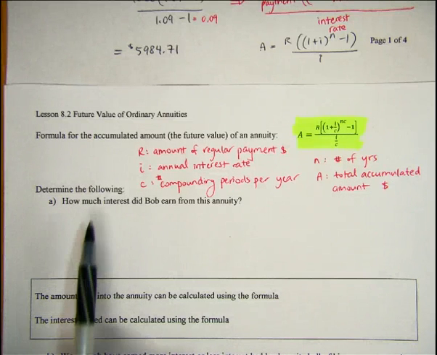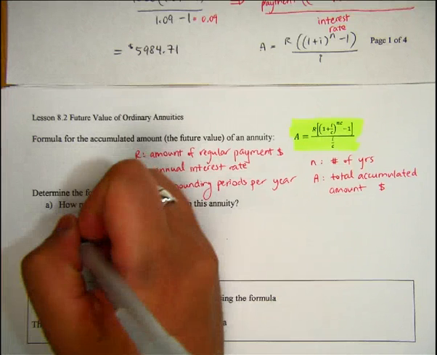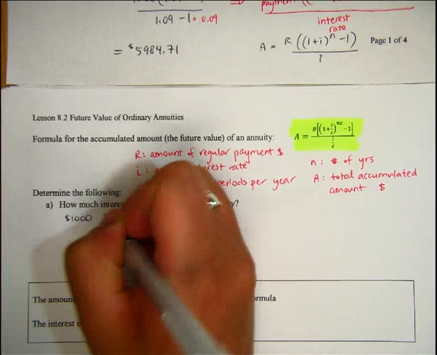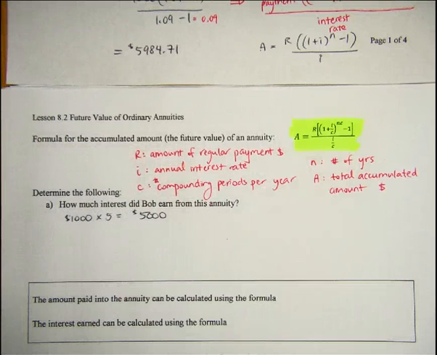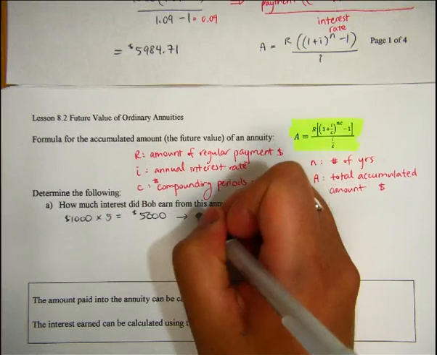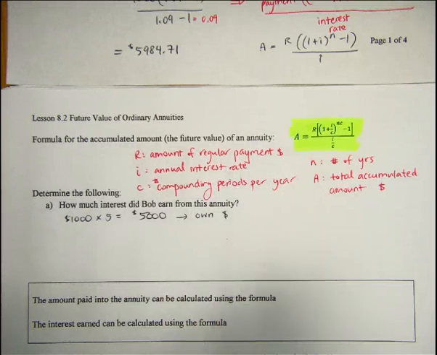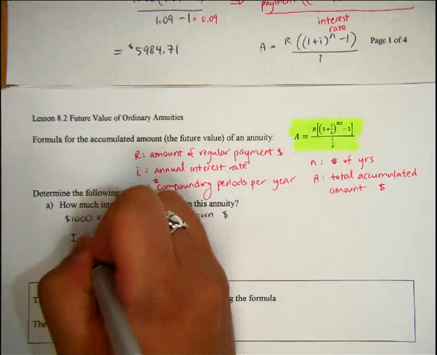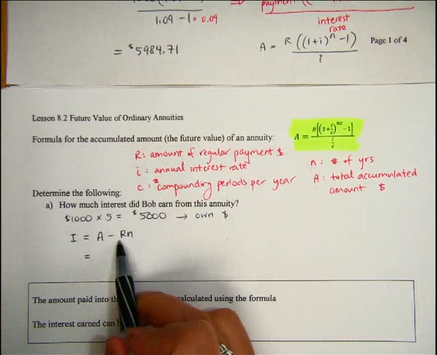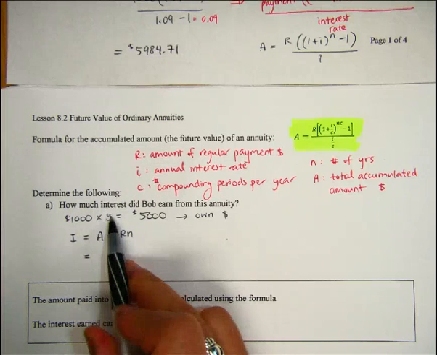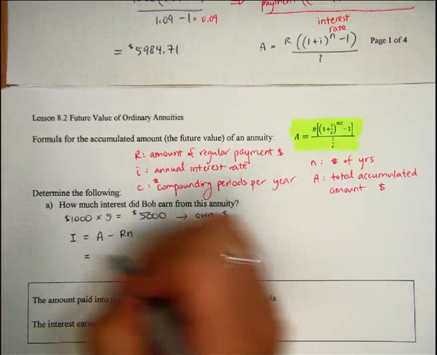All right, let's look at this question. How much interest did Bob earn from this annuity? Well, you know that he invested $1,000 for 5 years, so that's $5,000 that he invests out of his own pocket. So then the interest earned is going to be A minus Rn, R being $1,000, n being the number of payments, in that case 5,000.